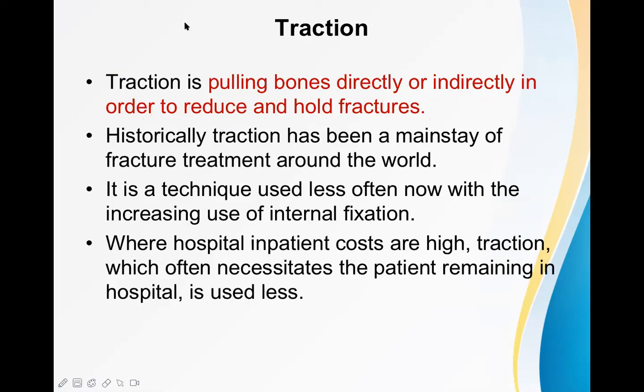So this is pulling the bone directly or indirectly, and why do we do this? In order to reduce, and for holding the fracture in that reduced position. This is important. So traction is important both for reduction as well as immobilization.